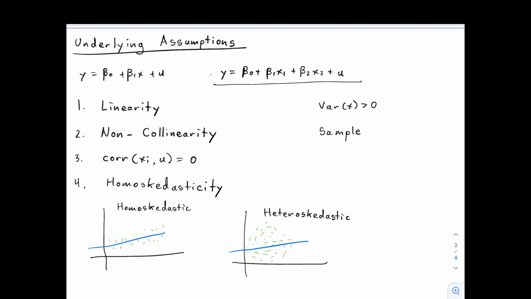The next assumption is that of non-collinearity. It is a slightly fancy term, but pretty much it's saying if we have multiple x's that are being used to predict our y variable, then, as I've written out here, x1 should not really affect x2 and vice versa.